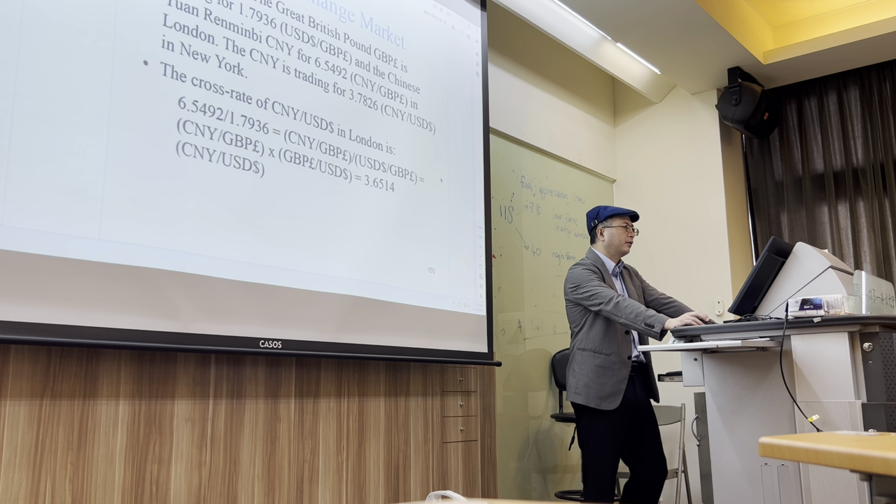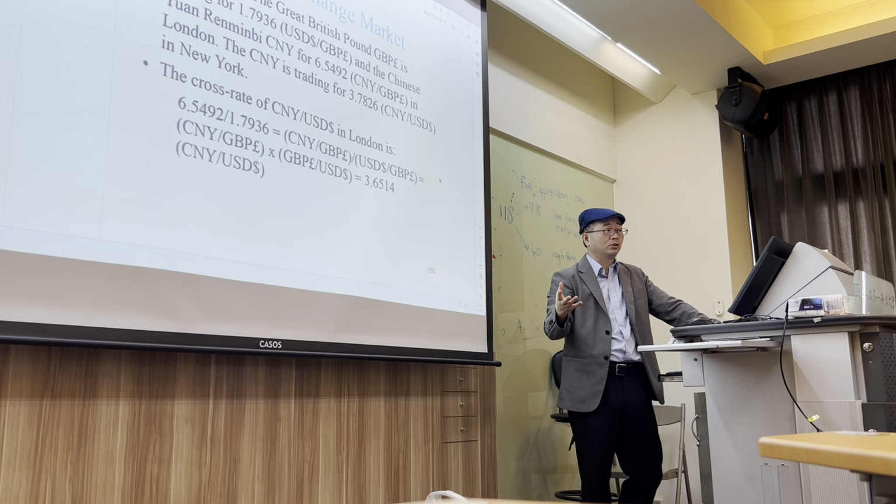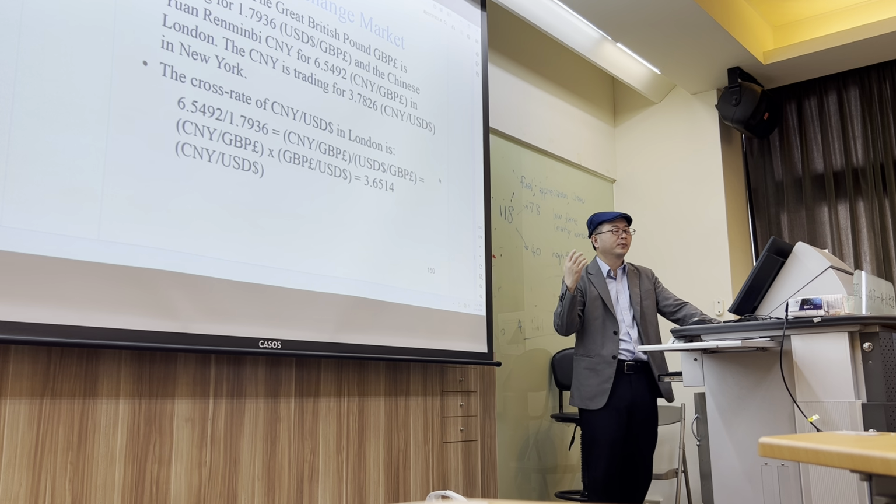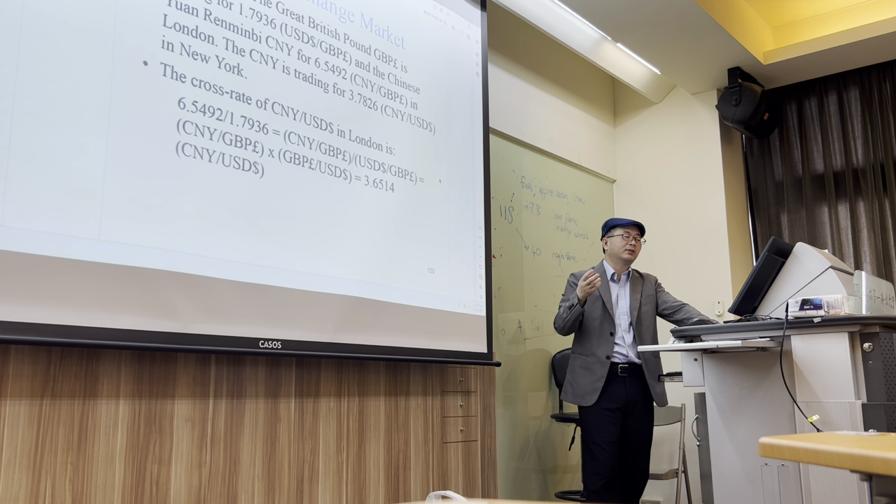If the numbers are different, and especially if the numbers are big, that means we can take advantage of the price differences. If the numbers are small or similar, then we can only give up on the opportunity. So the cross rate between the Chinese yuan and the US dollar in London is about 3.6514. How do you get that?